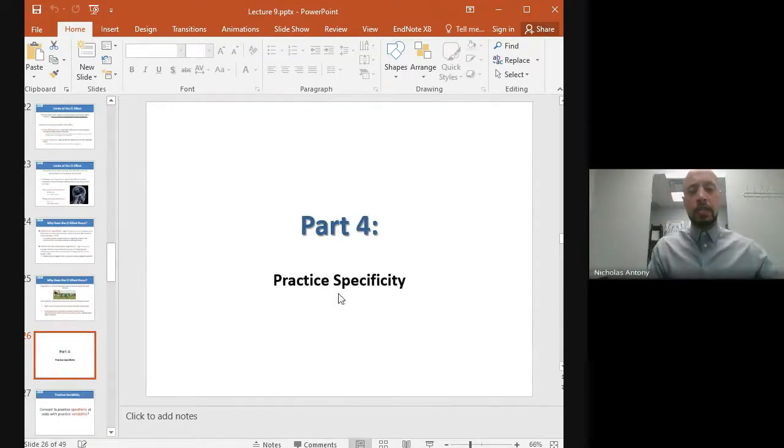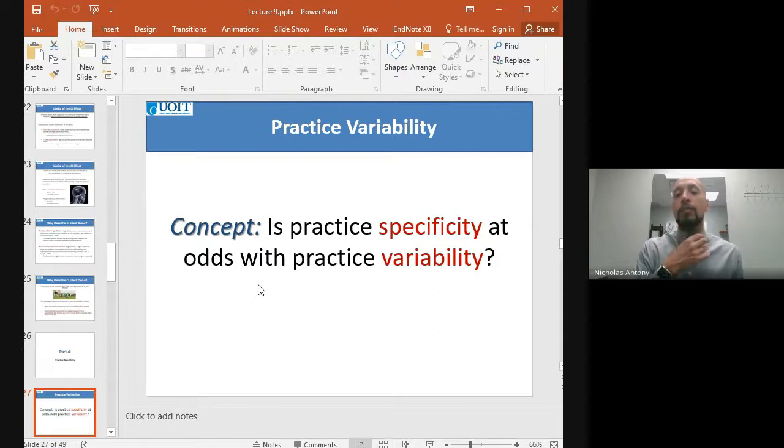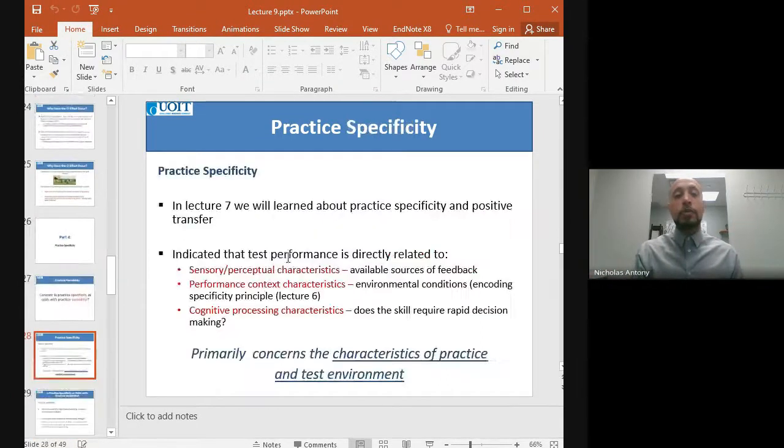I added this slide a couple years ago, I believe, because in lecture 7, I talked about practice specificity, and you want practice to match the game situation in a sense. So does that mean that it's at odds with this concept of practice variability? No, it's just two different concepts. When we were talking about practice specificity, I was talking about how whatever sensory processes are available during practice, you want them to match the sensory processes that are available in the real life situation.